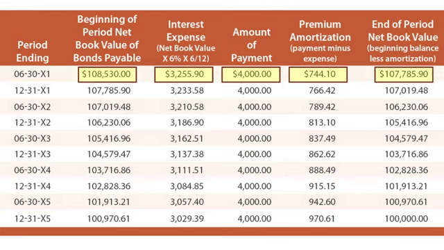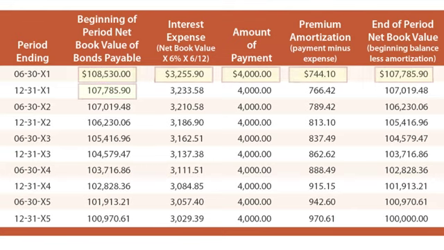That reduces the premium and leaves the new carrying value, the bond payable plus the unamortized premium, at $107,785.90. That becomes the balance for the next period's calculation, and we would calculate interest on that, and it would come to $3,233. This process would continue, as you can see in the amortization table, period after period.